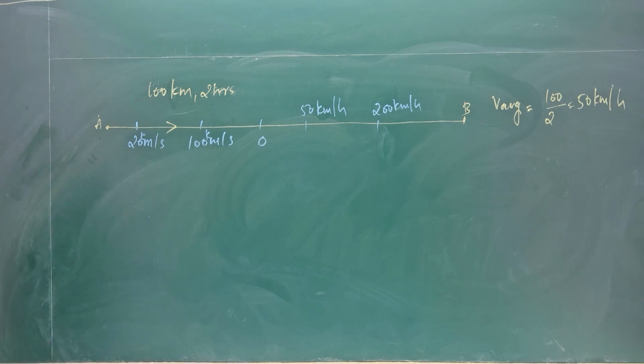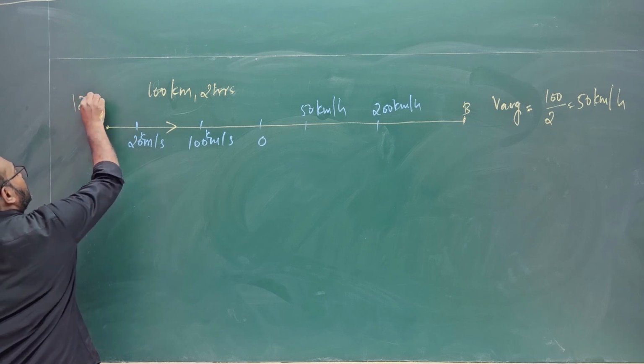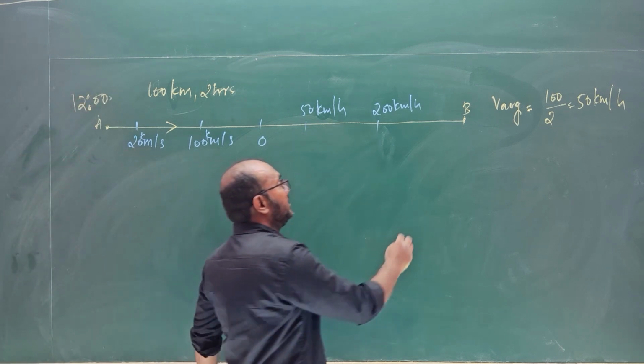Now, for example, if someone asks me, what is the speed of the bike, car or the body? Consider body started at 12 o'clock. Obviously, it will reach 2 o'clock now.